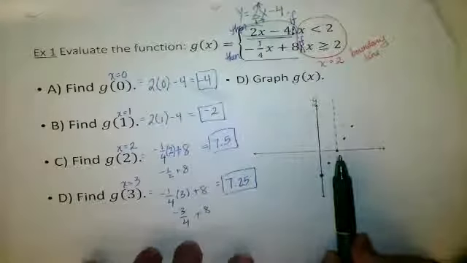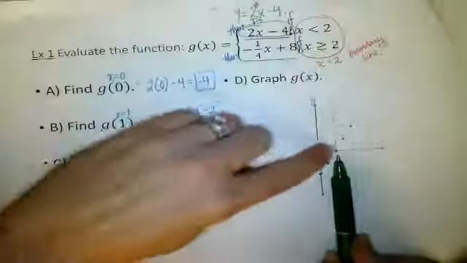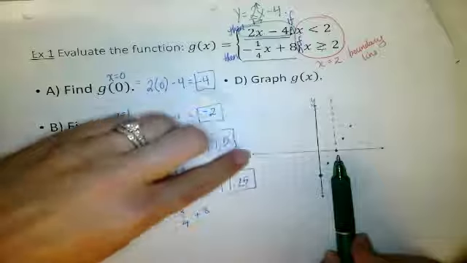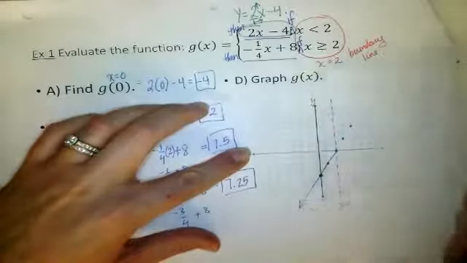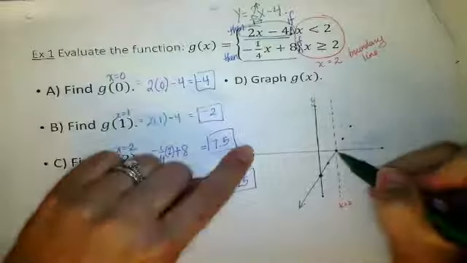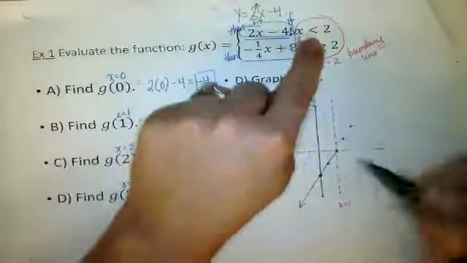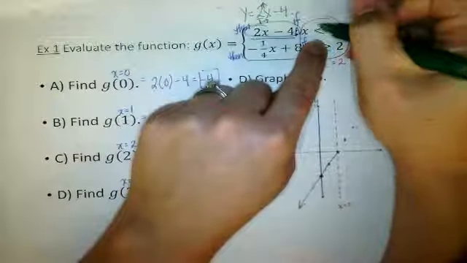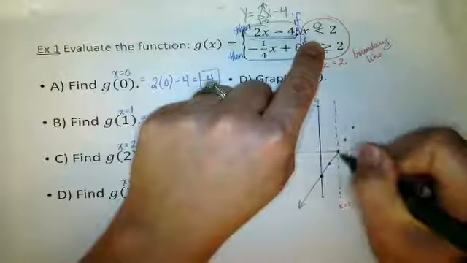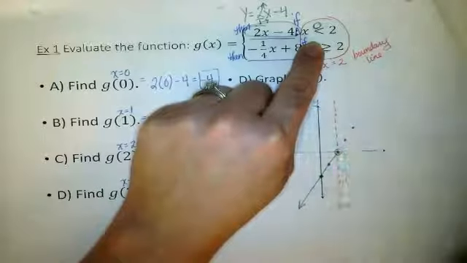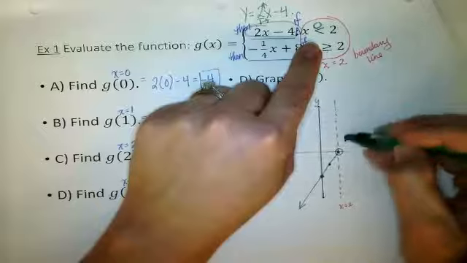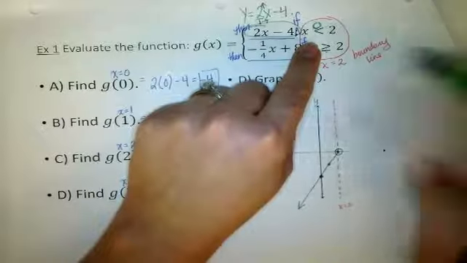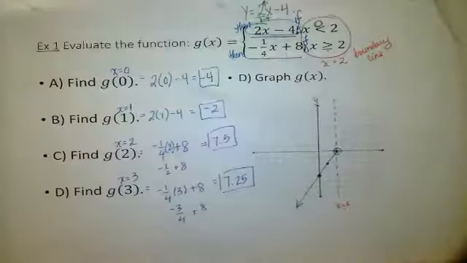Left, because that's where x values are smaller than 2. At the boundary line, should I use an open or a closed circle? Open circle. So I'm going to make a nice big open circle there so it's really clear. Do I need the right side of that boundary line? No, so I just erase.